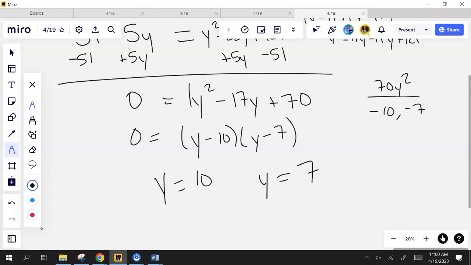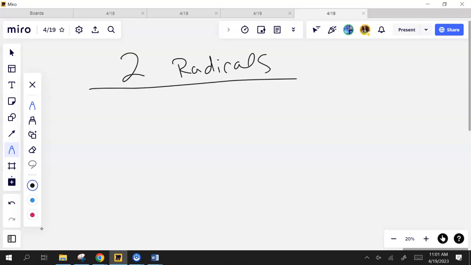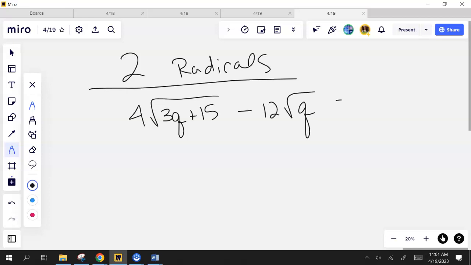One other scenario that I need to show you, and then I'll be done. This is when you have one radical, but what happens if you have two radicals? So maybe I have something like this.